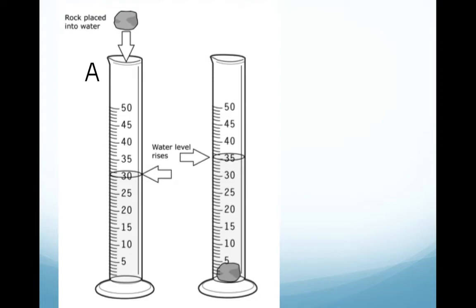First we have A. A has no rock, only water. Next we have B, where we put the rock into the water and the water rises. At A, we have 30 milliliters of water. And at B, we have how many milliliters of water?